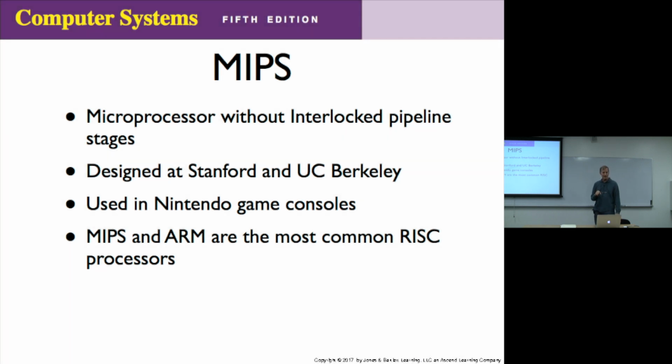And let me tell you guys, if you ever go to grad school or anything, this is a classic design that is well known in the computer science education community. MIPS was designed at Stanford and UC Berkeley, and it was used in the Nintendo game consoles. So it's a commercial chip. MIPS and ARM are the most common RISC processors. ARM, we mentioned that just a minute ago.